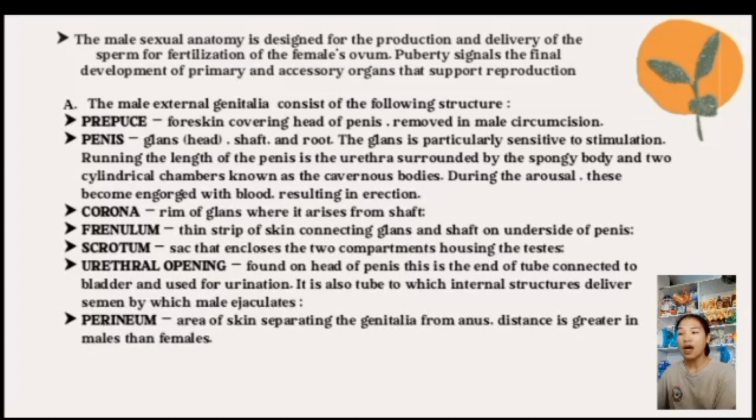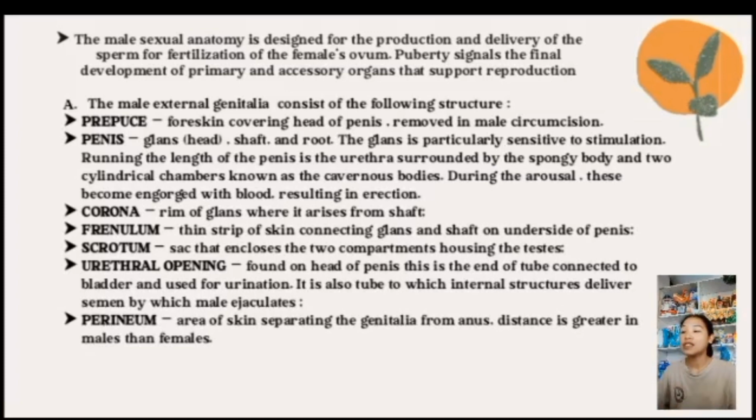During arousal, these become engorged with blood resulting in erection. So, kabalo naman ta sa unsa ang penis, di ba?